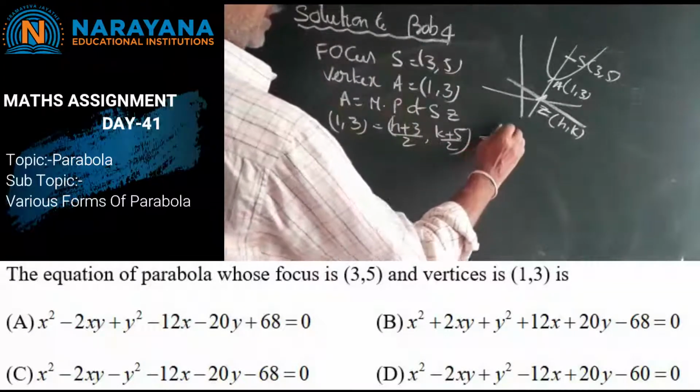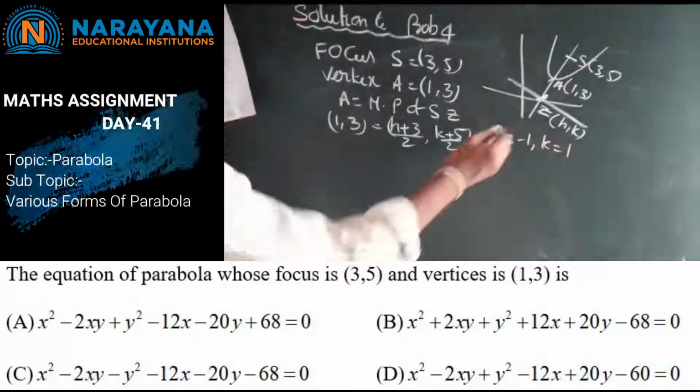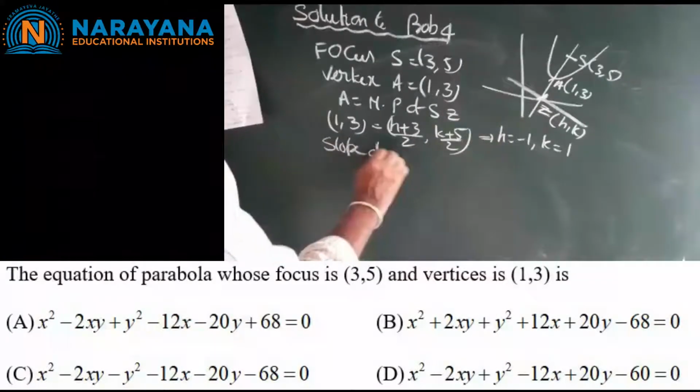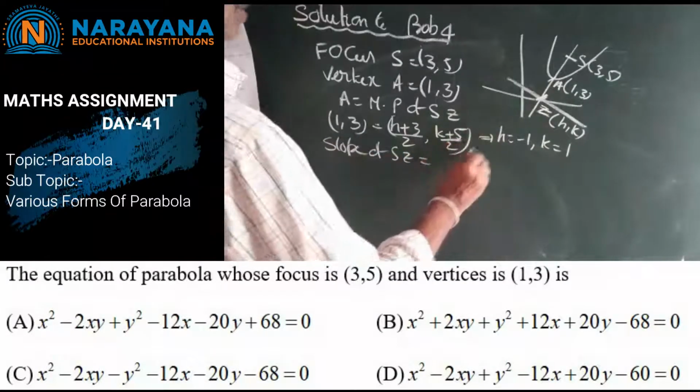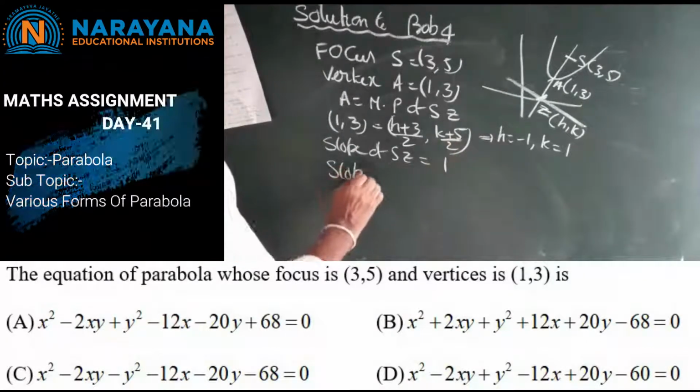This implies we can get h = -1, k = 1. Now we find slope of SZ. SZ slope is equal to 1. Slope of directrix equal to -1.